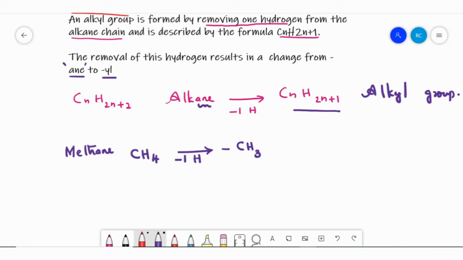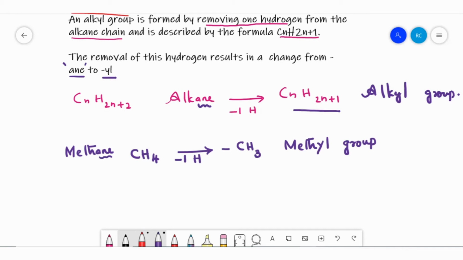This compound we call methyl. You need to remove ANE from methane and add YL. So this is the methyl group now, which means from methane we can obtain the methyl group.